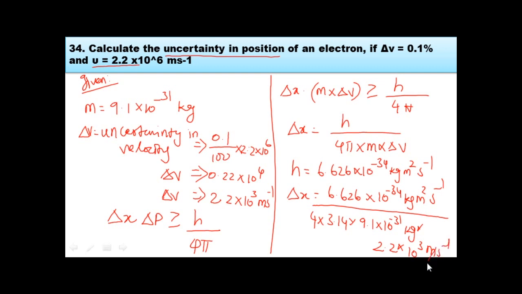So meter squared and meter cancel, second inverse cancels, kilogram cancels. So only meter remains.